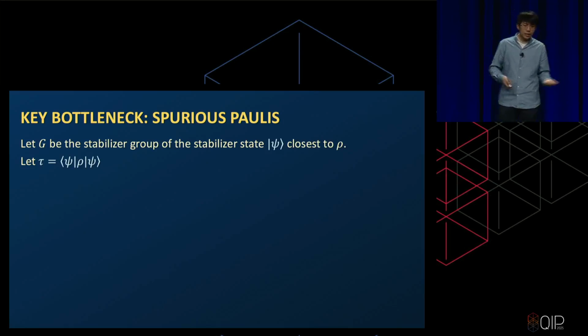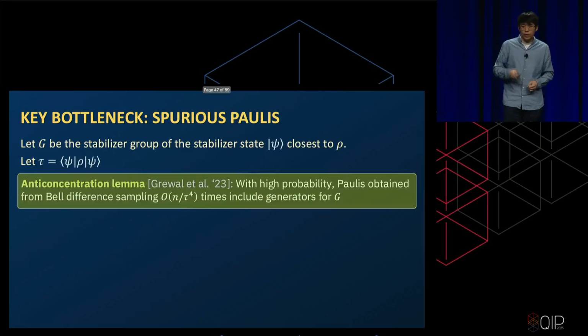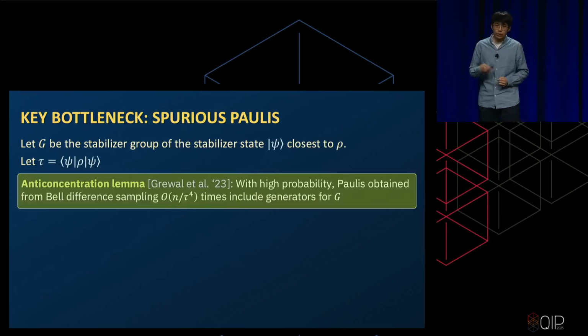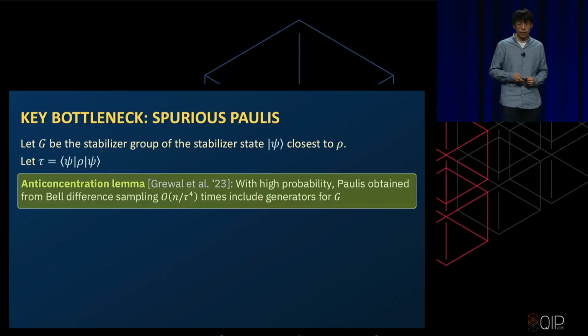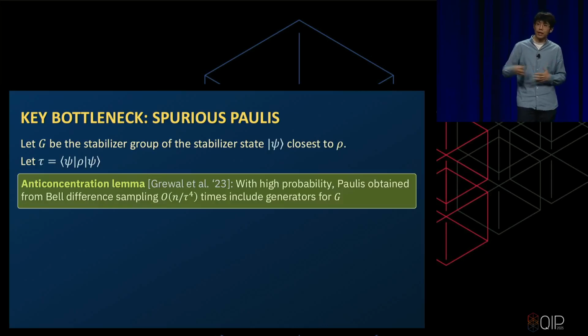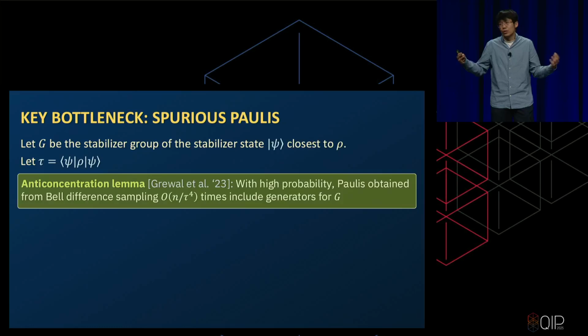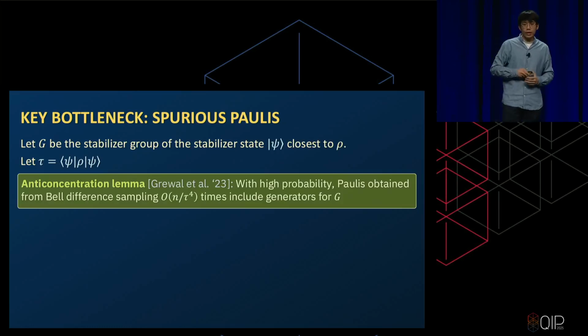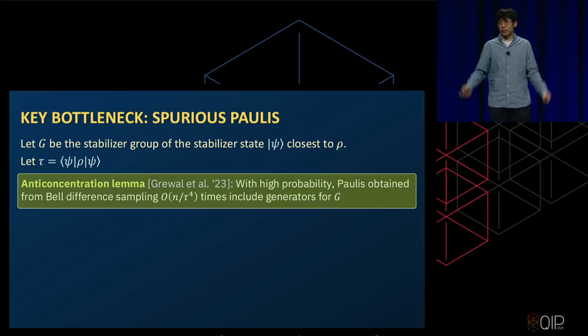Because psi is the closest stabilizer state to rho, the stabilizer fidelity is just the fidelity between psi and rho. Here's a crucial structural result that Weiyuan et al. showed: if I run this Bell difference sampling algorithm, recall this is the one that worked in the non-agnostic setting, a sufficiently large polynomial number of times, then I'll be able to produce enough generators for my stabilizer group.